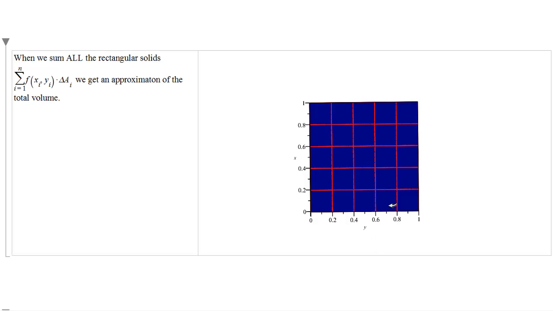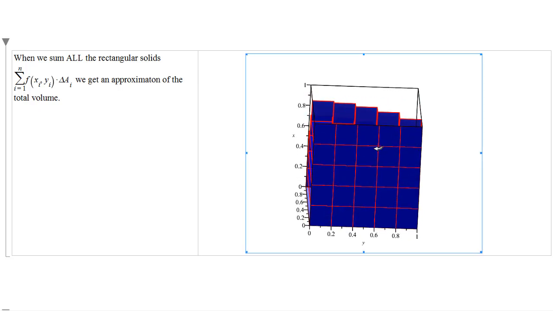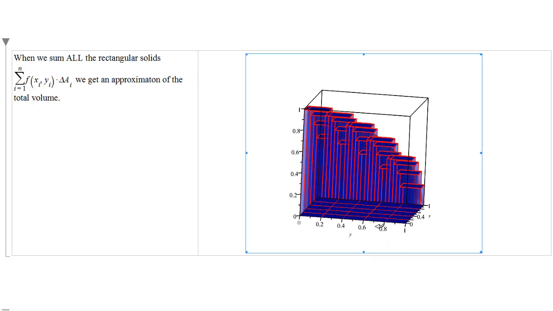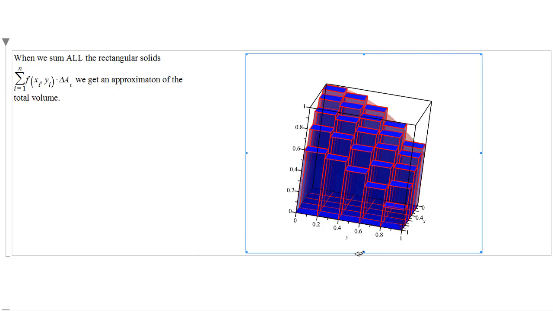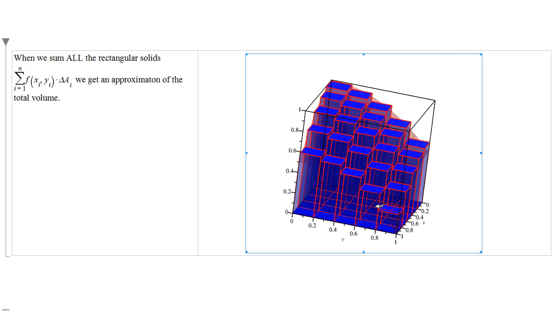So then, when we take the solid formed by subdividing the x's and the y's into subintervals and add all of those together, we get an approximation for the volume beneath the surface.